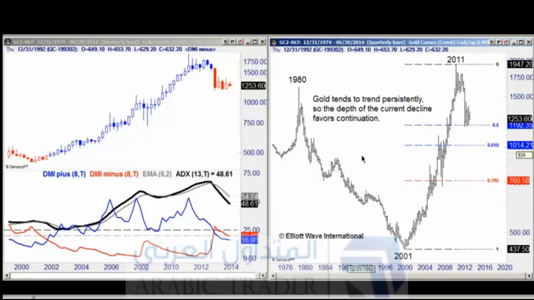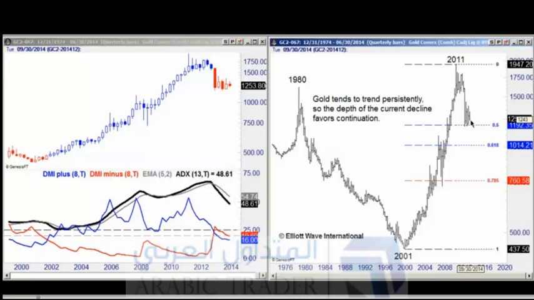What is important, I think, when I look at this chart is to recognize that the last decline that gold had was from 1980 to 2001. So we had a 21-year decline. And then we had this rally from 2001 to 2011, a 10-year advance. So here we are in 2014, looking at the history of gold.